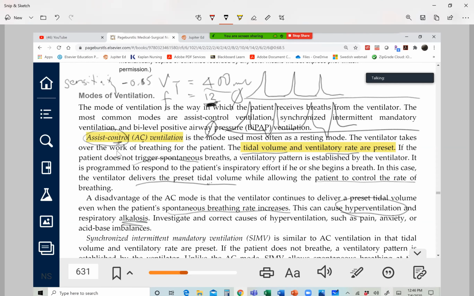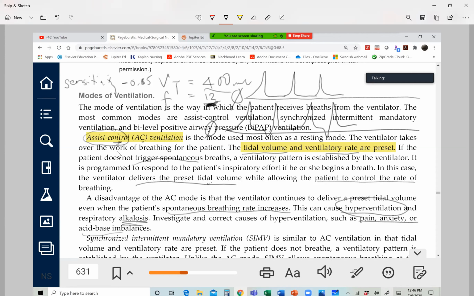Because there are non-pulmonary causes of increases in the respiratory rate. These are some of the causes: pain, anxiety, or acid-base imbalances. If the patient experiences these, that will affect your respiratory rate, right? Because in pain, of course, the patient's respiratory rate will increase. Or if they get anxious, one cause of anxiety could be hypoxia.